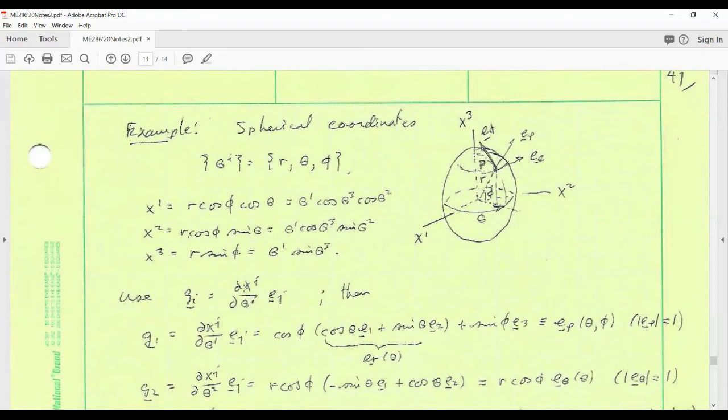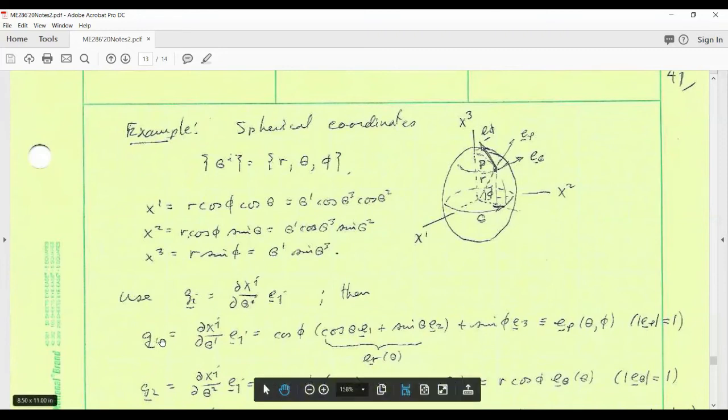Represent the Cartesian coordinates in terms of the curvilinear coordinates, take the partial derivatives and sum on j, where e_j are the elements of the fixed orthonormal basis associated with the 3 Cartesian coordinates. E1 here, E2, E3, and so on. So this is for each fixed i, then we have a sum on j.